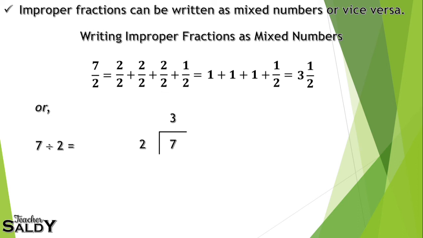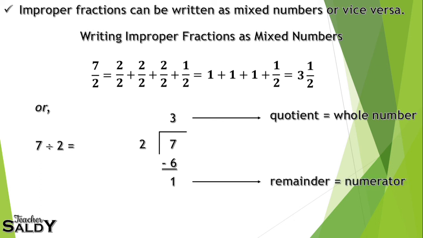So 3 times 2 is 6. Then 7 minus 6 is 1. So 3 is what we call the quotient; that will be the whole number. And then we have the remainder, that will be the numerator. And 2 as the divisor is the denominator. So that is why 7 over 2 is also equal to 3 and 1/2.